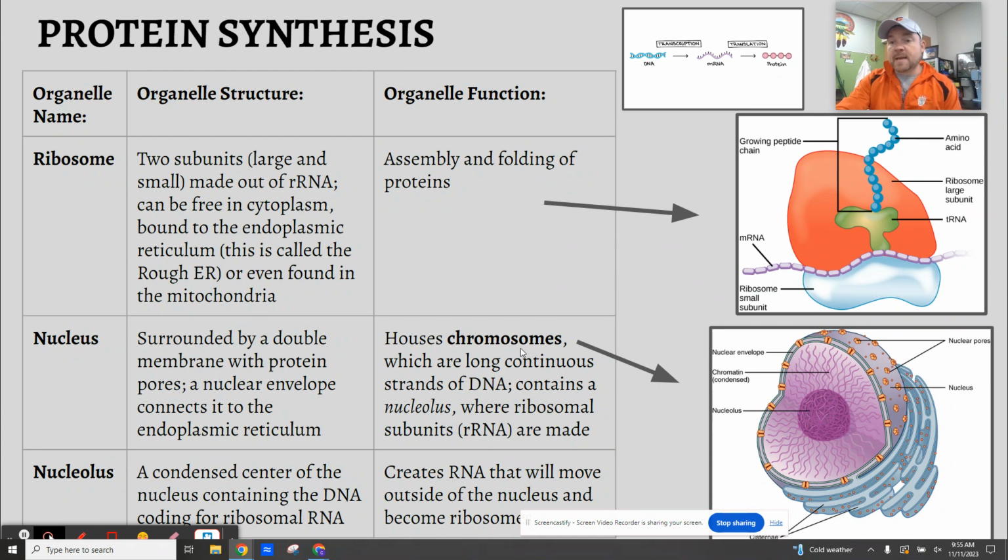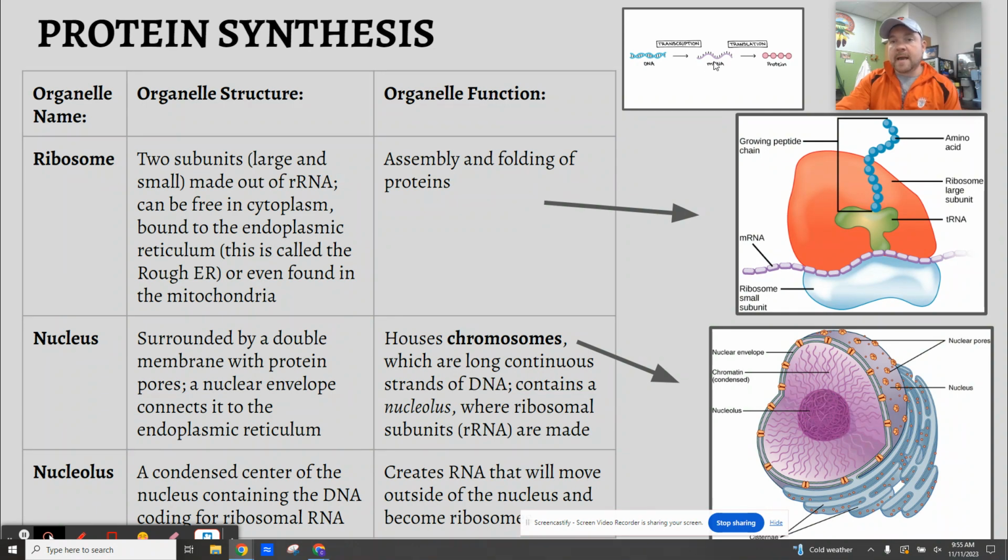Now you can kind of get a picture of the full process of how we make a protein. In the nucleus, we have DNA stored. When we need to make a protein, we have a middle step called mRNA. It's an RNA strand. The M stands for messenger. It's going to be the message that's sent from the nucleus to the ribosome.